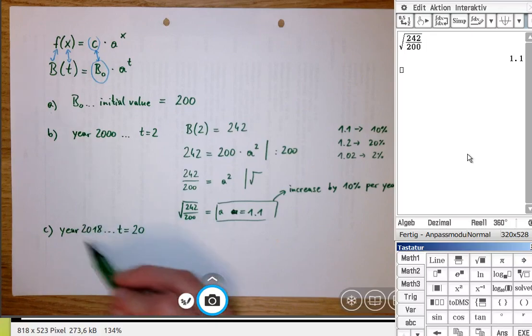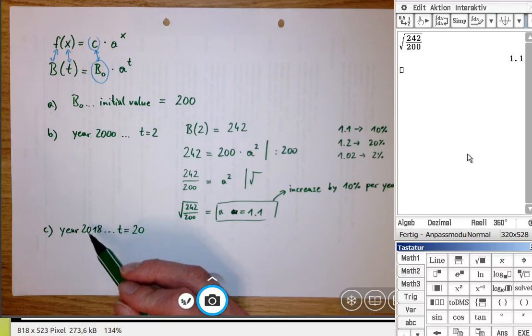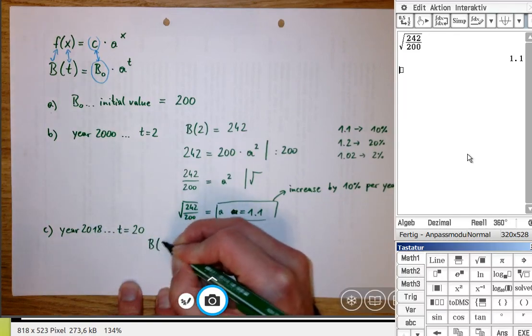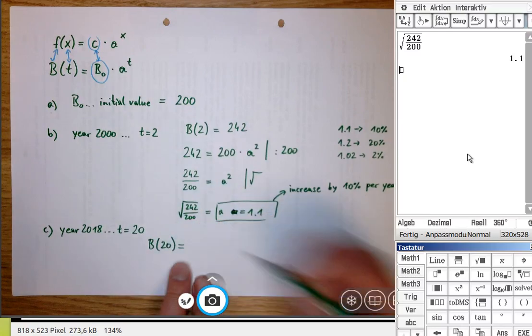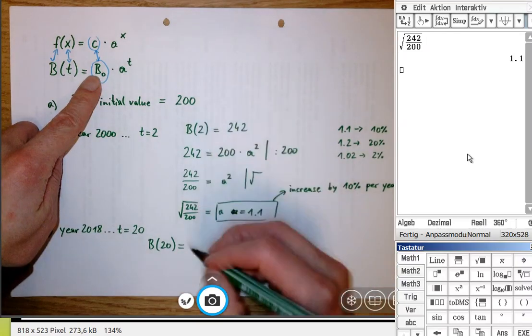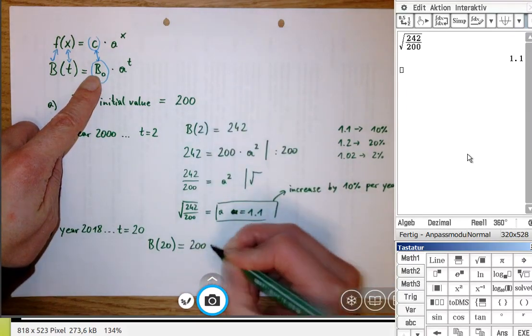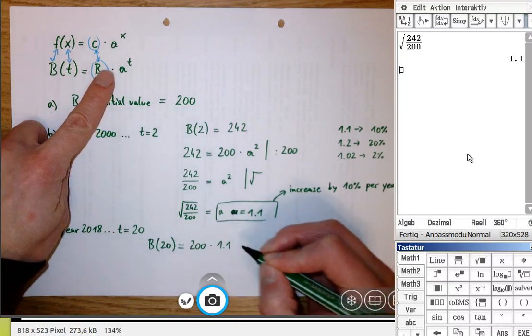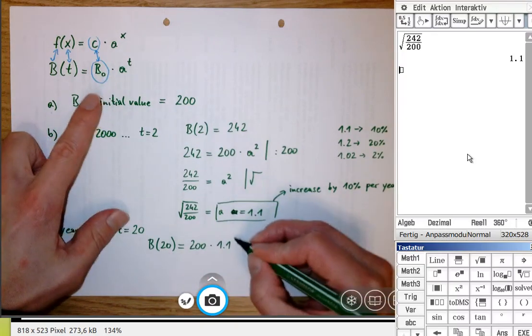So it's 20 years after the introduction. So we have t equals 20, and we want to find out B(20). We have just to plug in, because now we know everything that we need. We know B0, that's 200, times a equals 1.1 to the power 20.